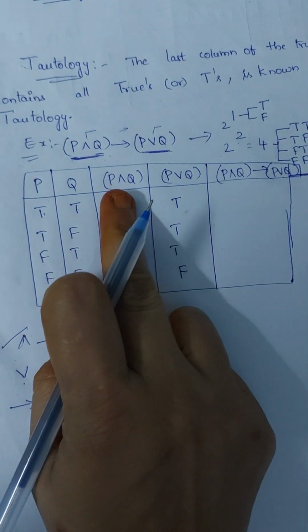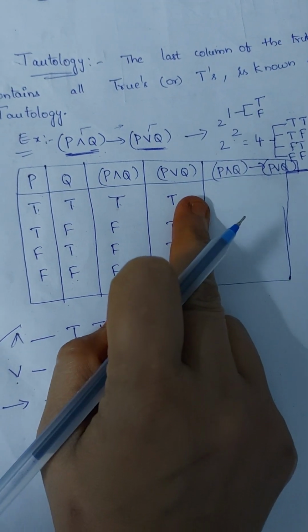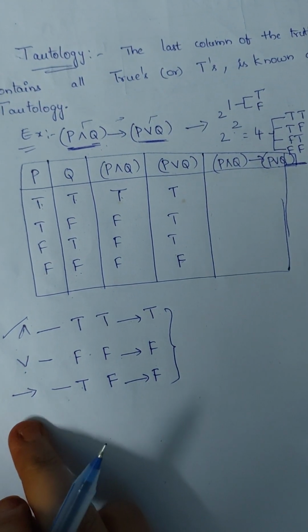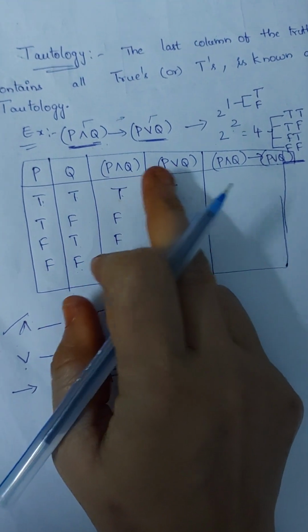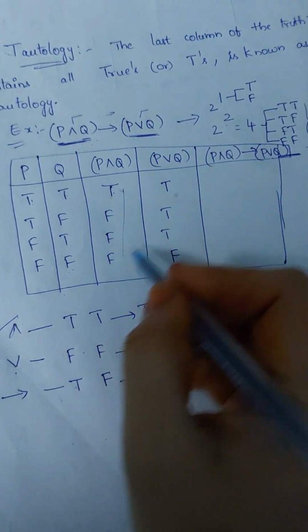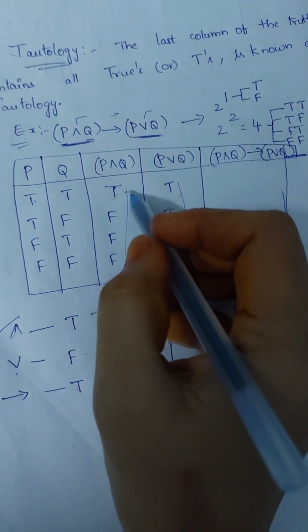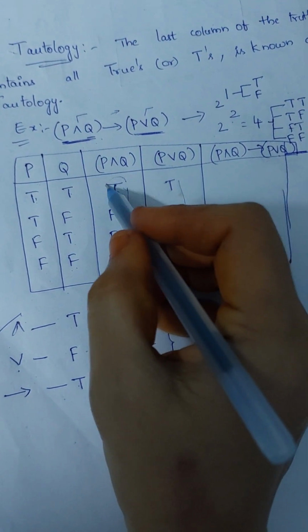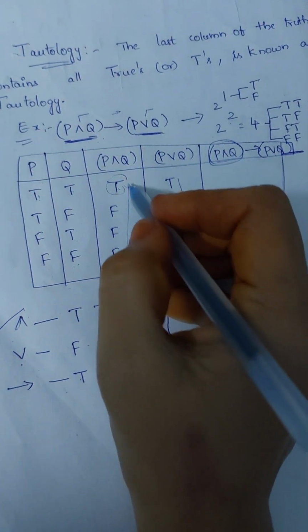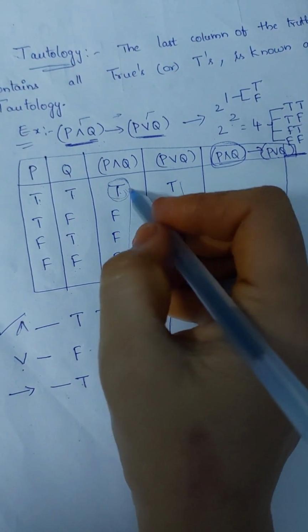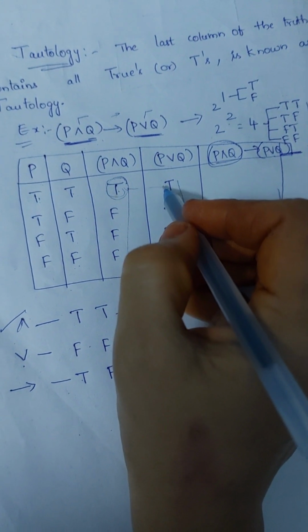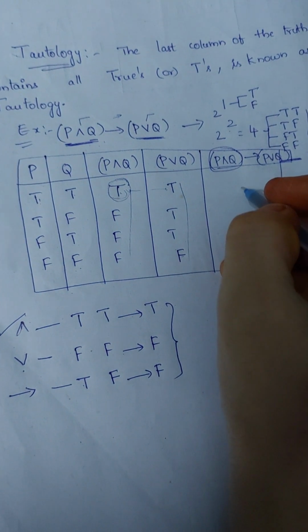Then by using P and Q and P or Q, we provide an implication between them. Observe whether there is any true value in P and Q. In P and Q we have only one true value, and if there we immediately get false, then the resultant is false.